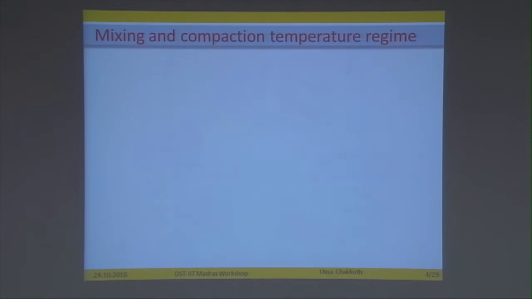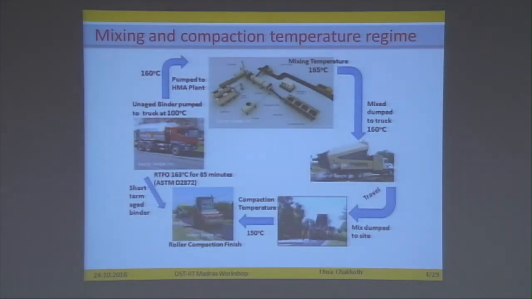Most of us are familiar with the construction of bituminous pavements. Nevertheless, I would like to walk through, step by step, the whole process in the purview of the mixing and compaction regime. We have the binder, which is obtained from the refinery, pumped into the truck, and transported to the HMA plant, where it is mixed with the heated aggregates.